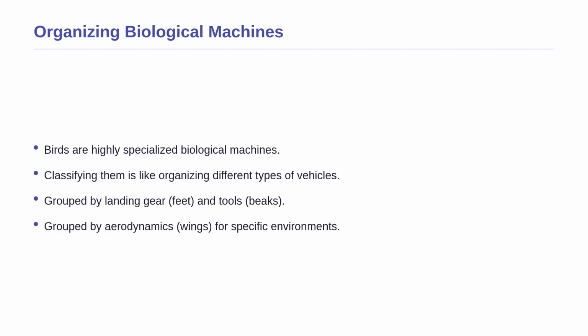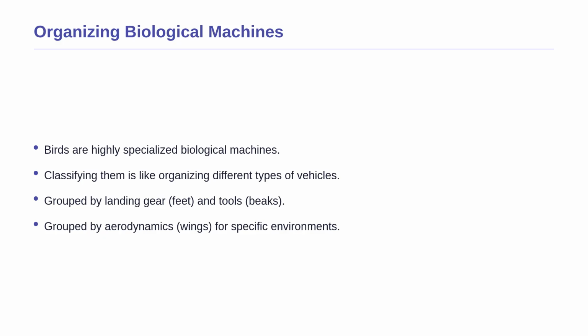To start, imagine you are given a massive collection of vehicles, ranging from tiny, agile drones to massive, heavy cargo planes. You would naturally group them by their engines, wing shapes, and purposes. In the biological world, classifying birds is very similar.